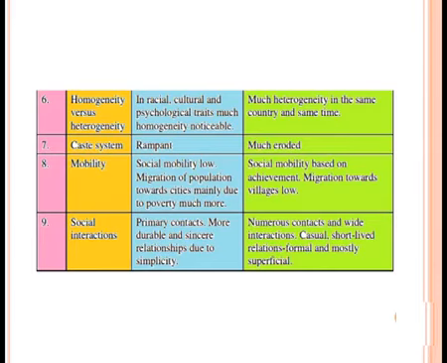In rural society, primary contacts mean more durable and sincere relationships due to simplicity, but in urban society there are numerous contacts and wide interaction, with casual, short-lived relations that are formal and mostly superficial.